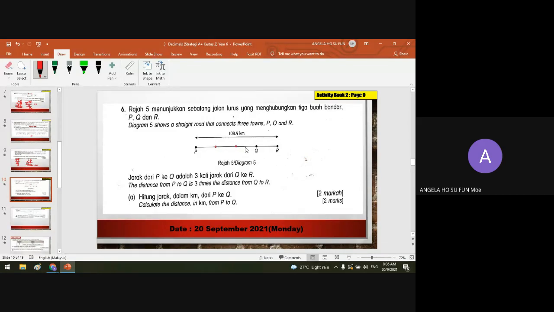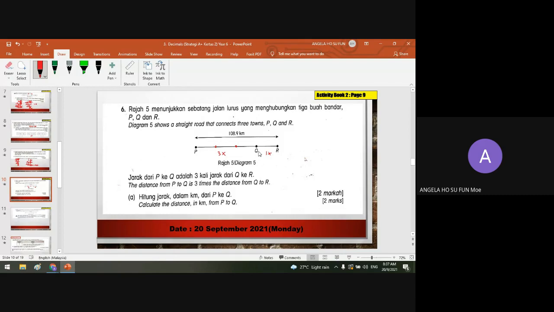PQ is 3 times, and QR is 1 time only. The question asks you to calculate the distance from P to Q. How do we find it?